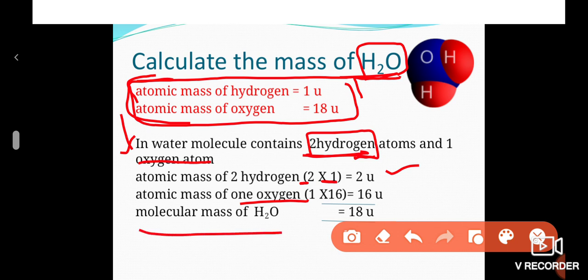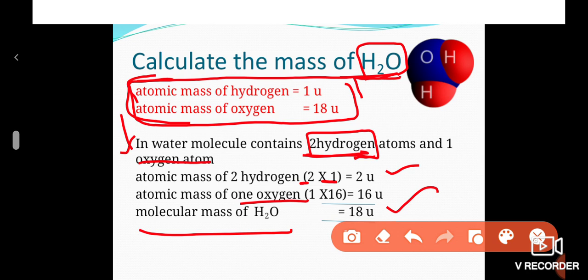Finally, the total molecular mass is the sum of all the masses of the atoms. So we get 18U. This is the mass of a water molecule.